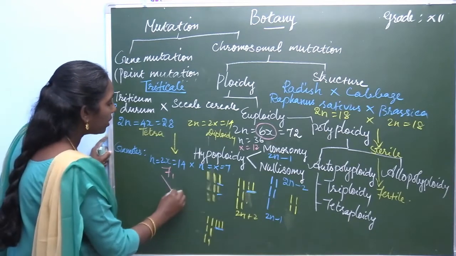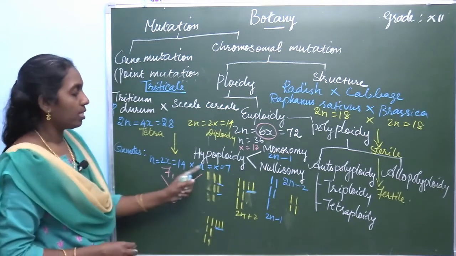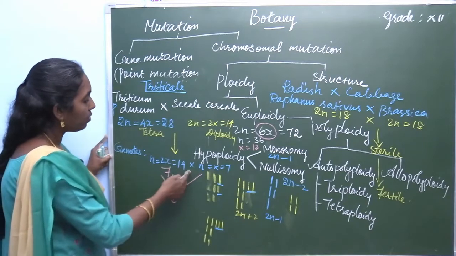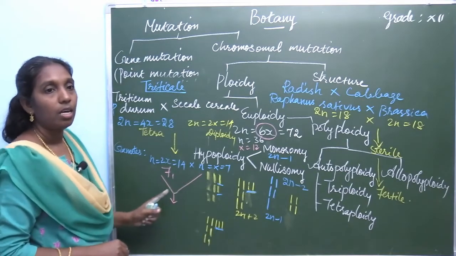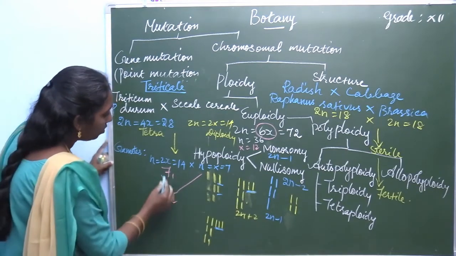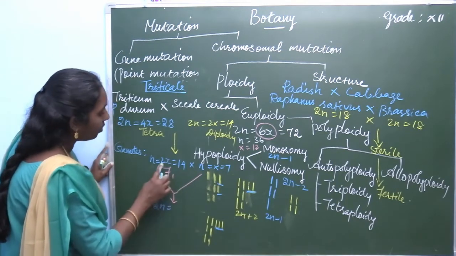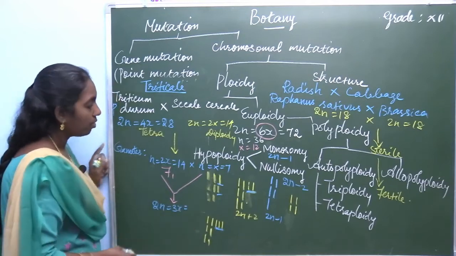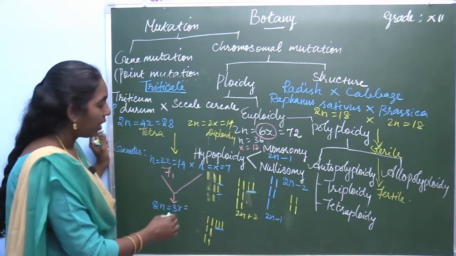When you make these two crosses, after gamete formation, n plus n gives 2n is equal to 3x is equal to 21.